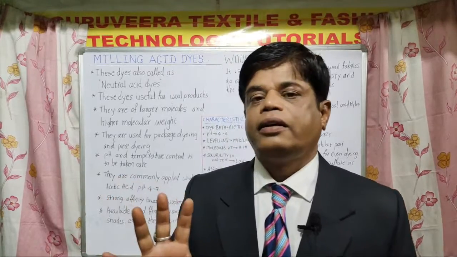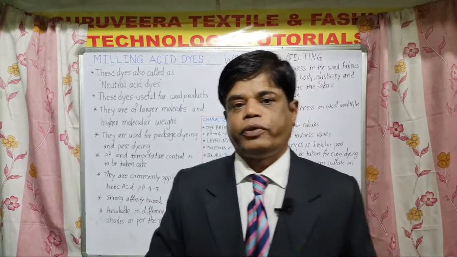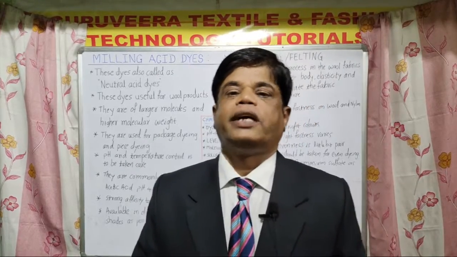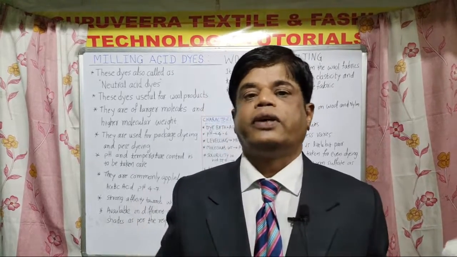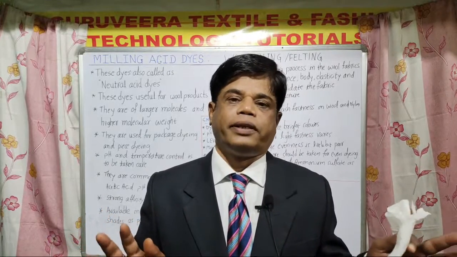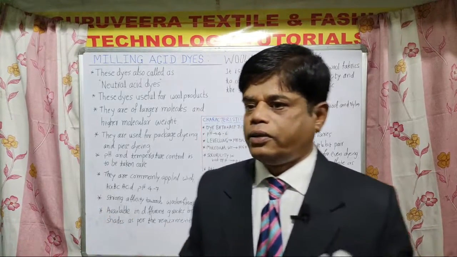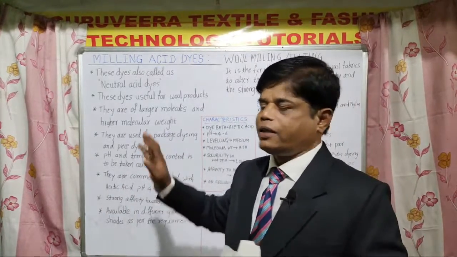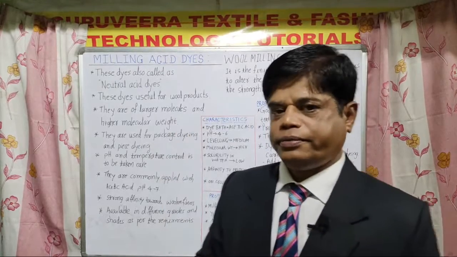The dyes are aggregate in nature because of their high molecular weight. Their molecular weight is high, and their molecular size is also high. So dissolution of the dyes does not take place immediately. Their molecular size is larger, so they are in aggregate form.